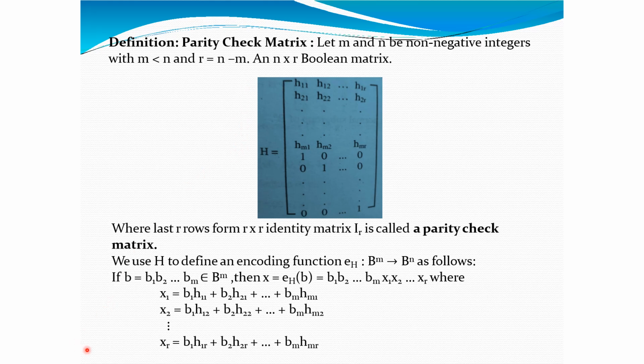Similarly, xr is equal to b1 H1r plus b2 H2r plus and so on bm Hmr, which is the row multiplied by the rth column. In this way we calculate every element x1, x2, ..., xr separately, and then we can write x equal to EH of b, which is b1, b2, ..., bm, x1, x2, ..., xr.